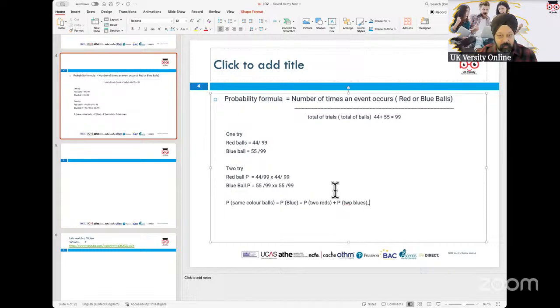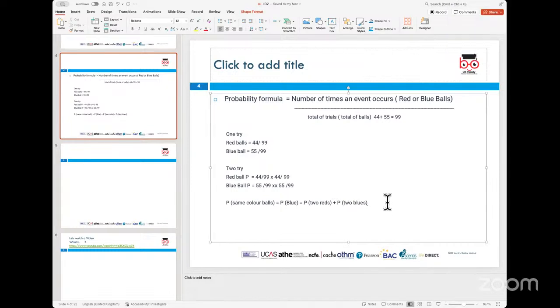Because we can't predict whether you'll pick out a red ball or a blue ball. I don't know. But what is the probability of this being picked out? Anytime you put your hand in and you pick out two, you get two chances. You pick out either two red or two blues. The question is not asking us to understand that if I pick out one red and one blue, that will also be another type of question. If it says, what is the probability of picking out one red and one blue if you had two tries?